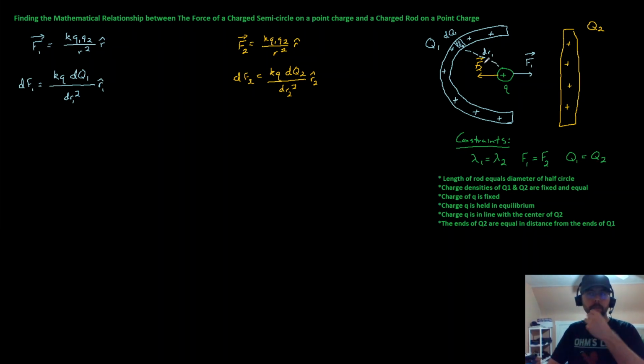That's all we need right now. And we'll do the same thing to the other side. We'll pick some place and we'll call this dq2. And the distance, we'll call that dr2.